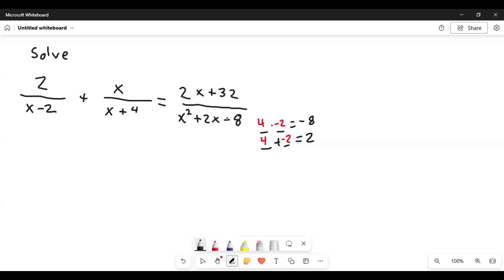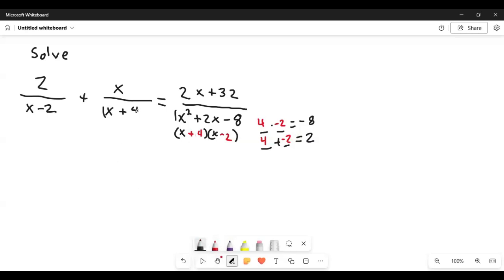Because this trinomial on the denominator starts with a 1, you can go straight to your parentheses for factoring. The factors will be x plus 4 and x minus 2 using those special numbers you just found.